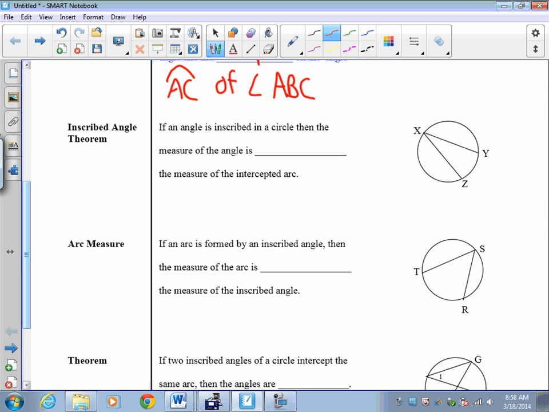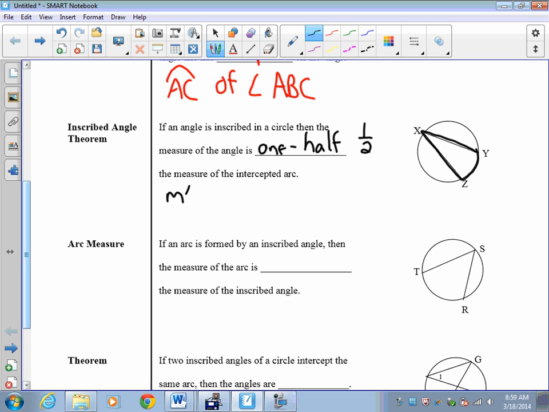So the inscribed angle theorem says if an angle is inscribed in a circle, then the measure of the angle is 1/2 of the intercepted arc. So we have that arc and that angle.